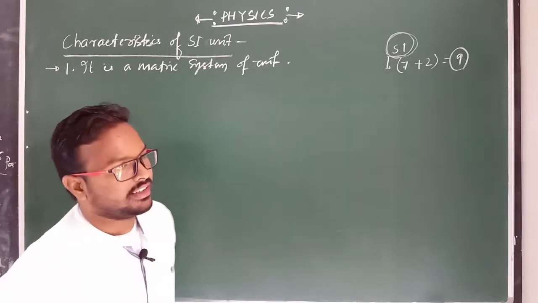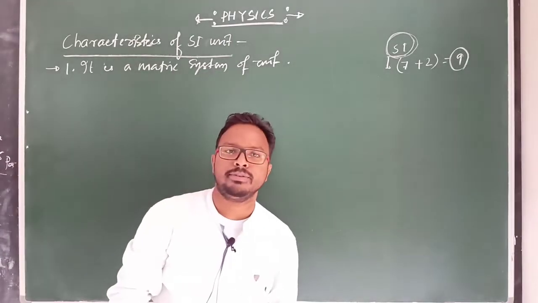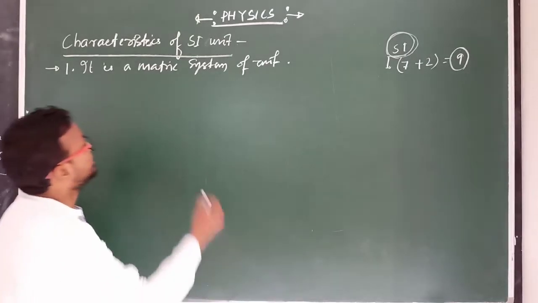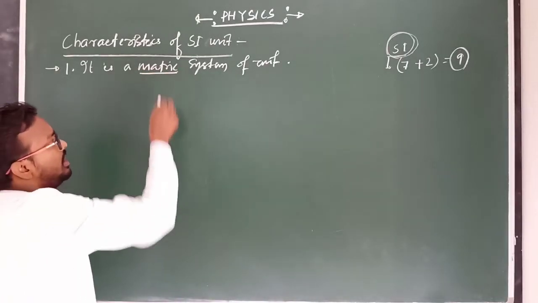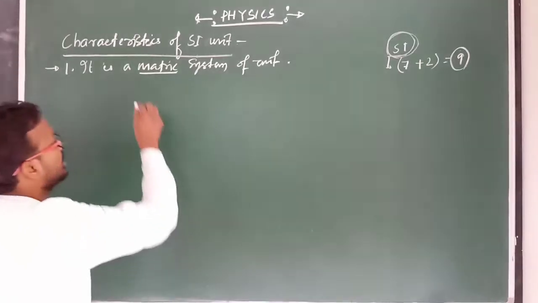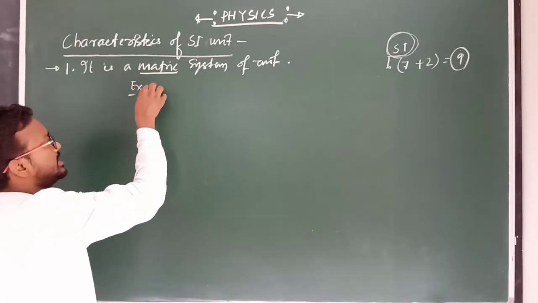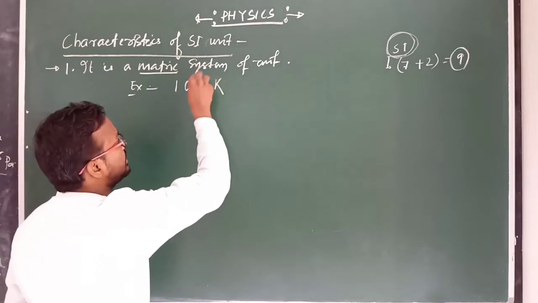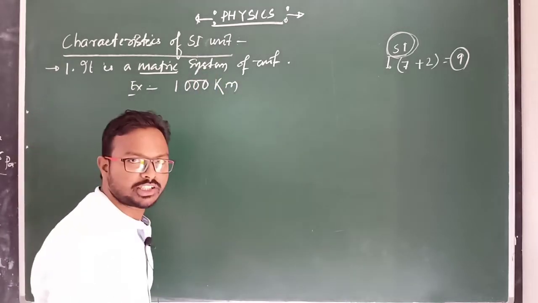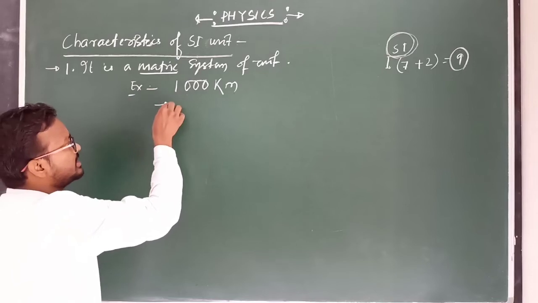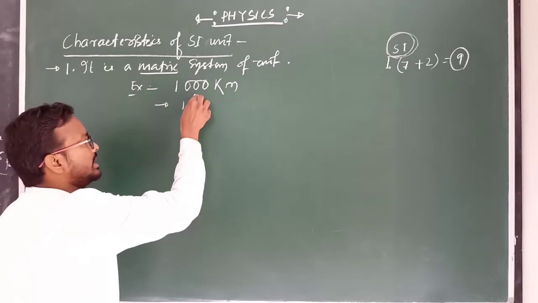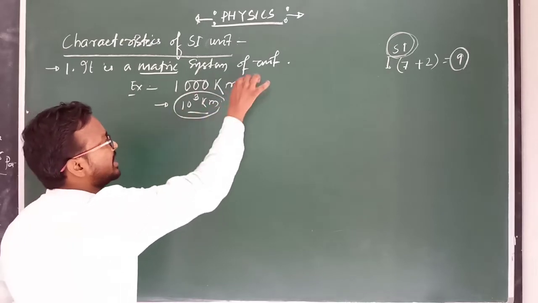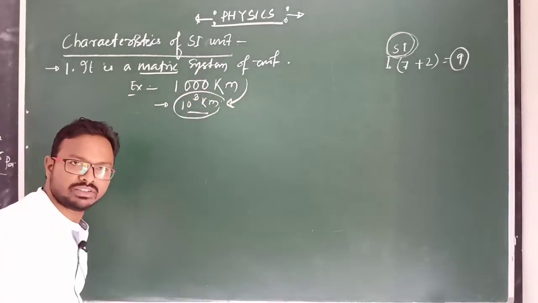If we write a unit in terms of a power of 10, then we can say this system satisfies the condition of a metric system. Suppose we take one example, a distance of 1000 kilometer, and we can write this as 10 raised to power 3 kilometer. This is known as a metric system of unit.